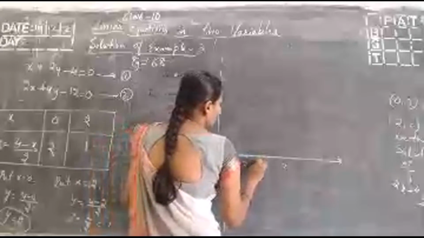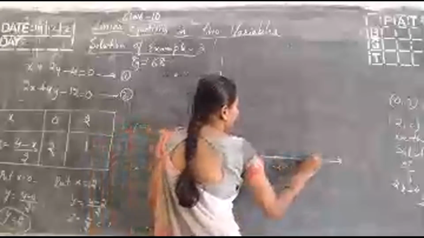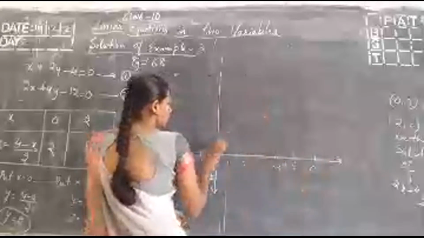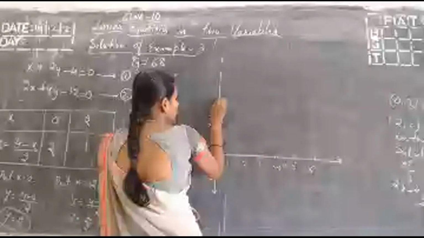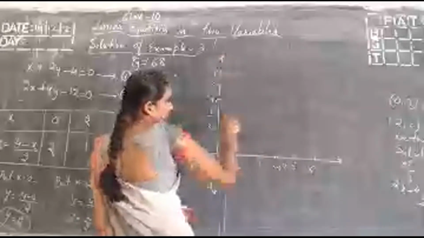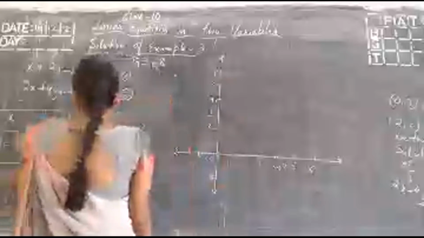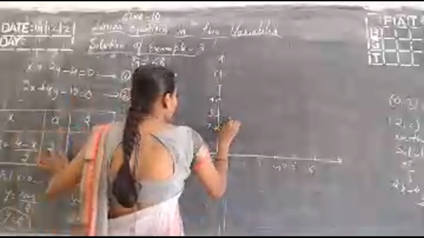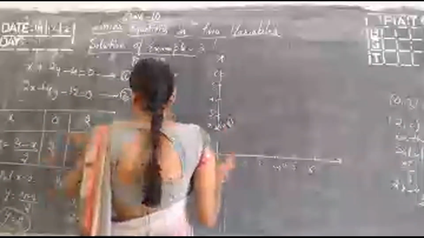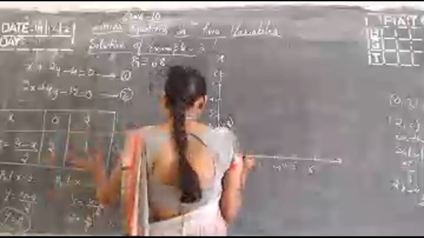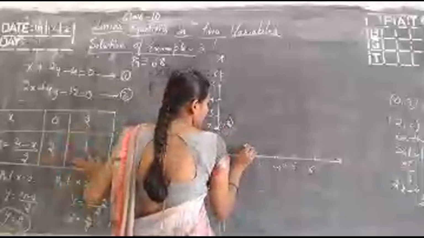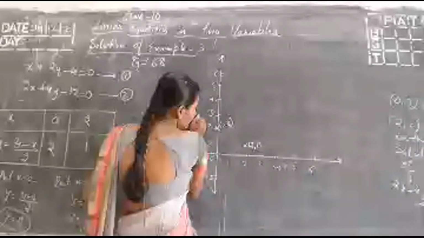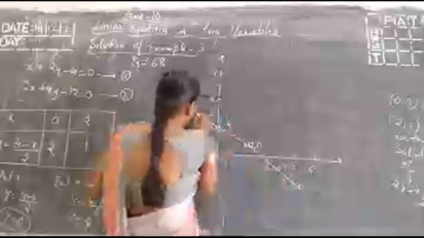1, 2, 3, 4, 5 on one axis, and 1, 2, 3, 4, 5, 6 on the other. Enough. So here, for x is equal to 0, y is equal to 2. That is (0, 2). For x is equal to 2, y is equal to 1. It comes here. That is (2, 1). This is the line of which equation?